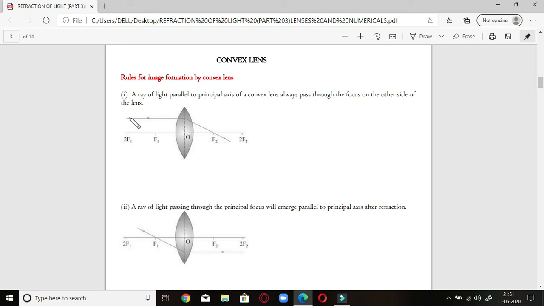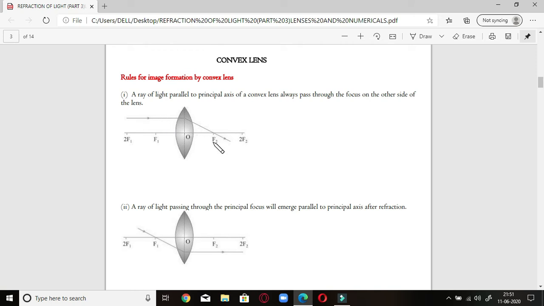So you will take a parallel ray with an arrow on it, while it moves to the center. Now look here, I have drawn a line here, and after that I have shown refraction. So now it will be refracted and will pass through f2, and the arrow is also shown here.